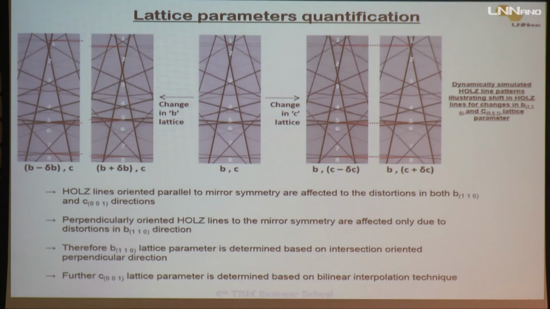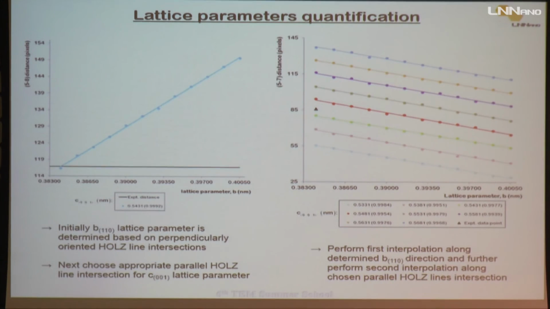So based on this, for my experimental pattern, I first obtain the B lattice parameter, and then using that information, I put it into the next step, and using a bilinear interpolation method, I calculate the C lattice parameter. This is the method by which I did the calculation for all the experimental CBD patterns.